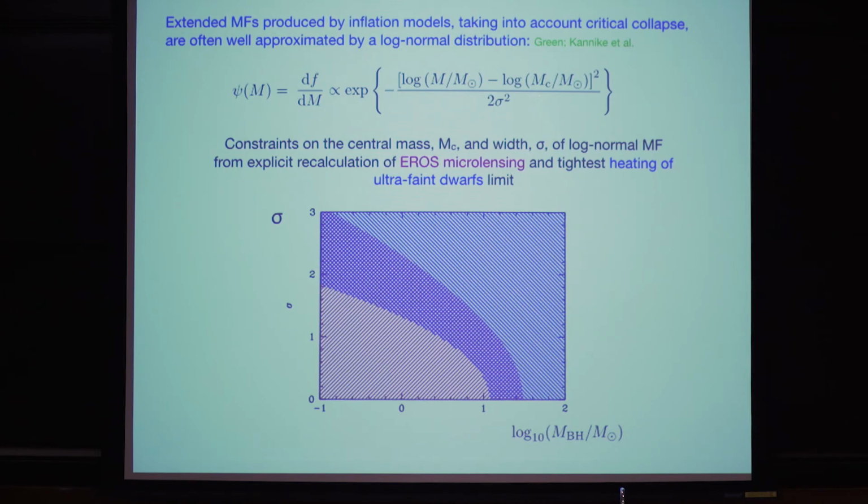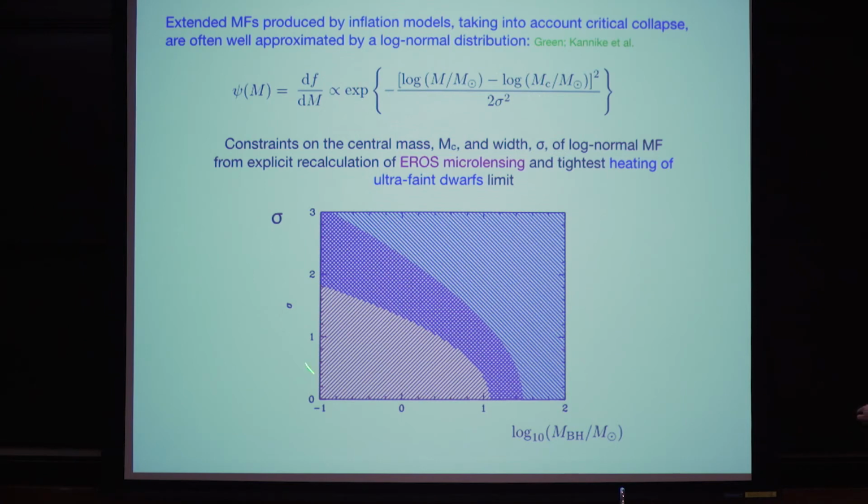I spotted this phenomenologically. There was then a follow-up paper that proved it more formally. I then had a look at the constraints, Eros microlensing and the heating of ultrafaint dwarfs, because these were the two that could easily be recalculated for an extended mass function.